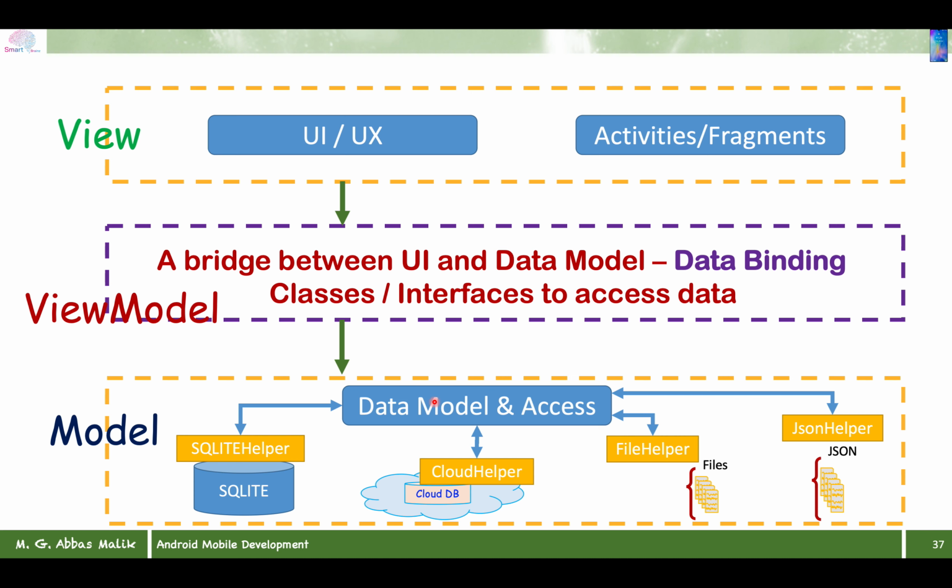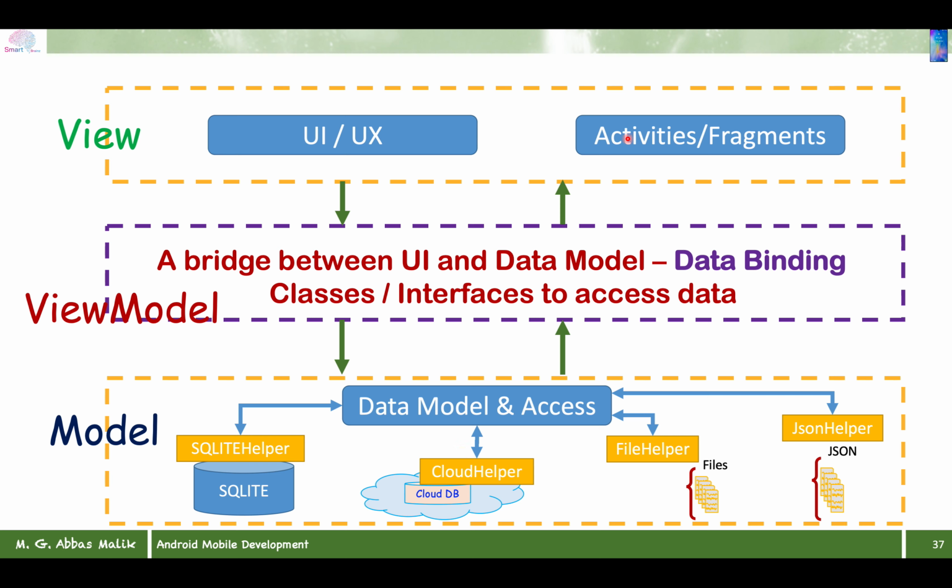It will do that background data access and return the information to the view model, and the view model provides that information to the user interface. So this is the MVVM: model, view, and in between we have a view model. That is the architecture that will separate the database access concerns.